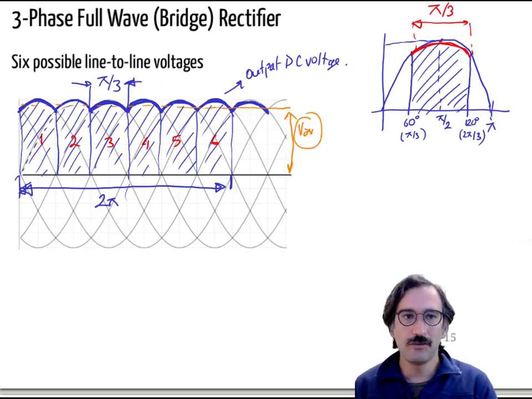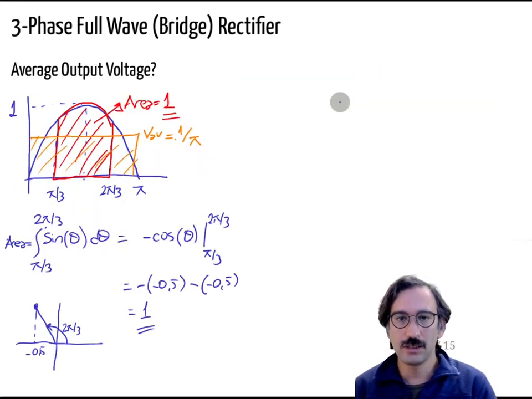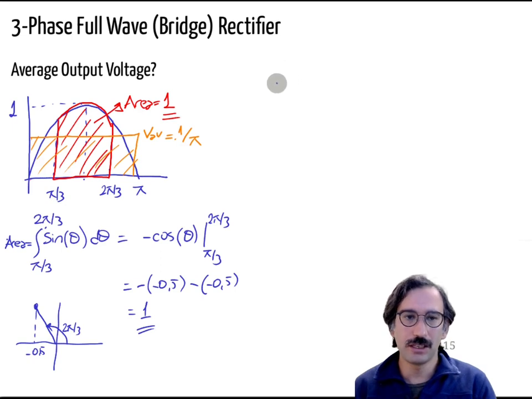For our example, the peak value is not equal to 1, but it is square root 2 times V line to line RMS voltage. So here, let me draw it again.